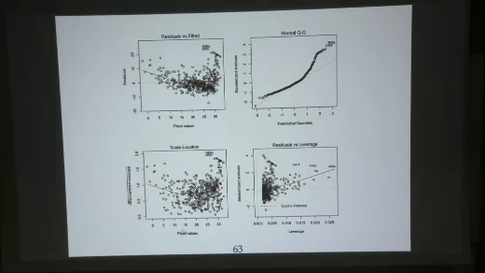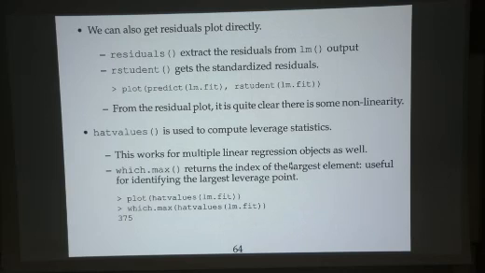You can also plot the fitted values versus the standardized residuals. Instead of the residual, you use the standardized residual, and you can also compute the leverage. Leverage means whether one point significantly affects your fit or not. So we'll come back to leverage later. You can also plot the residuals directly using plot of lm.fit and then rstudent.